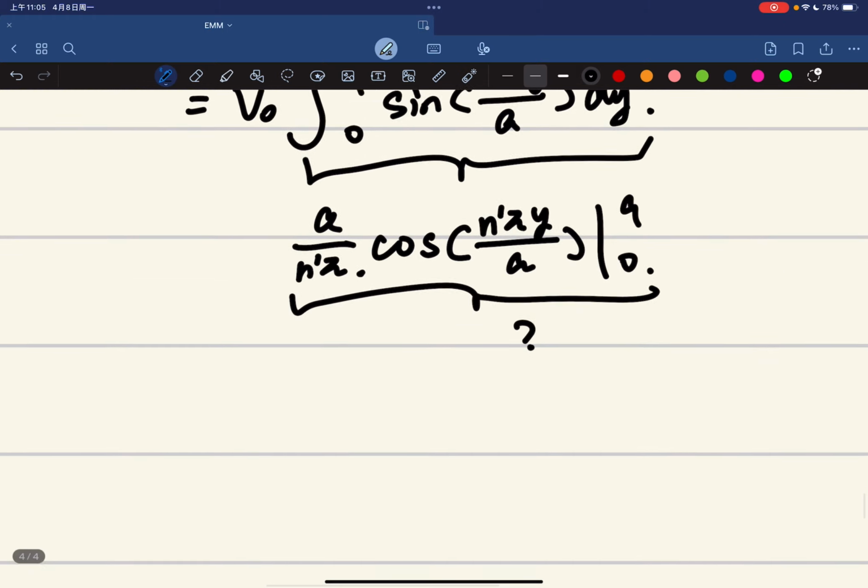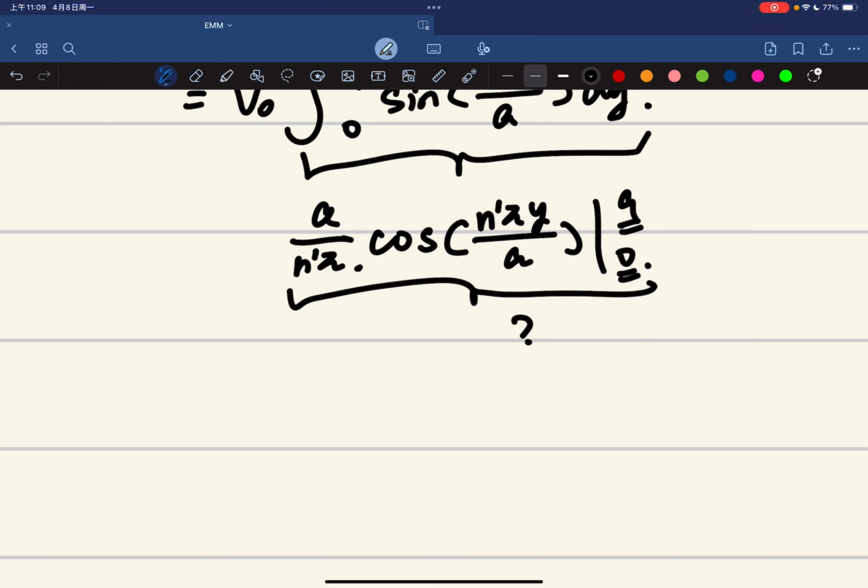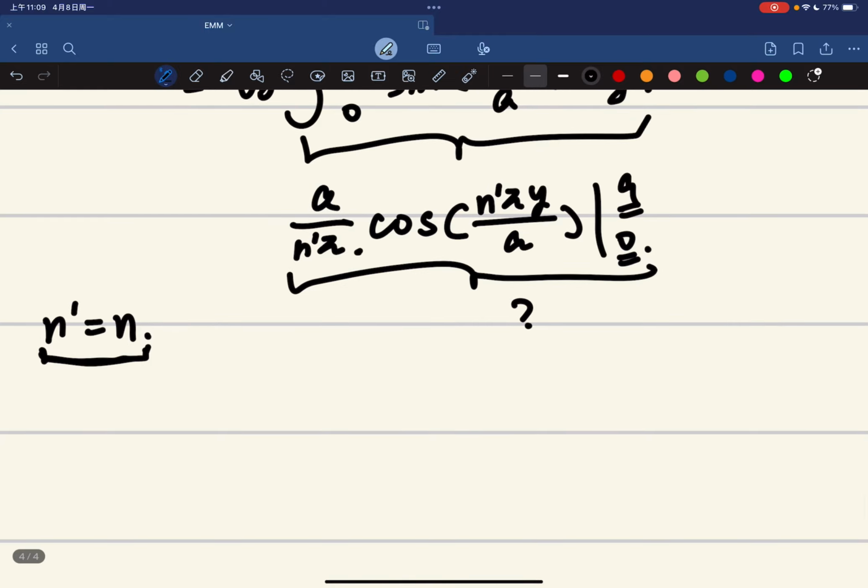Previously we've already proved that only when n prime equals n will the value not be 0. So we can just use n to replace n prime here.